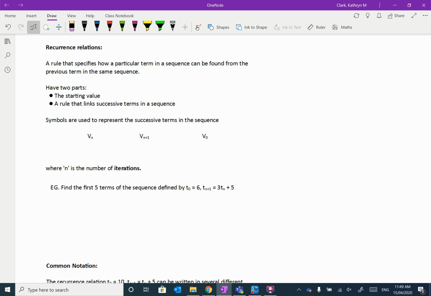Some of the symbols that we use to represent successive terms, so it's one term that comes after the other. Vn represents our current value, or current term. Vn plus 1 represents the next term.